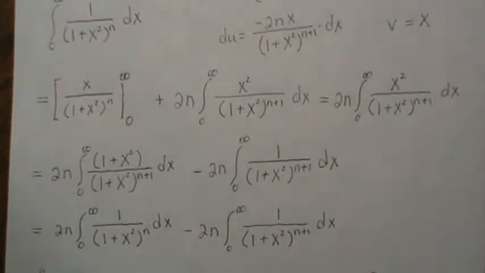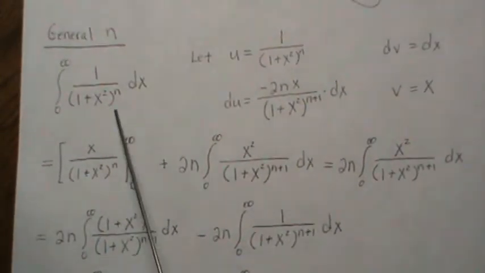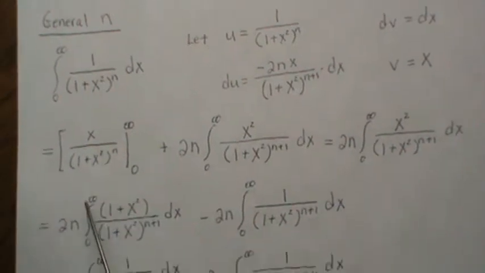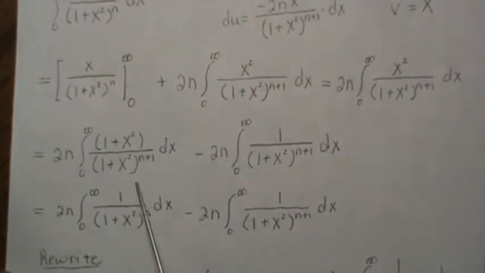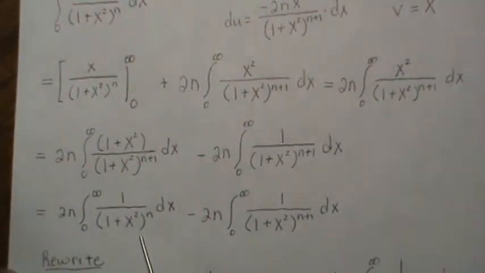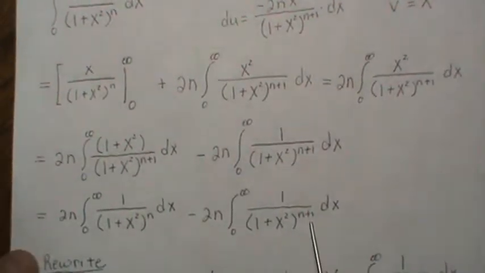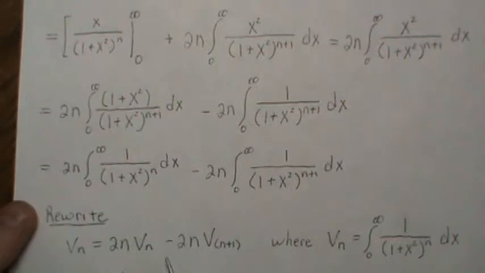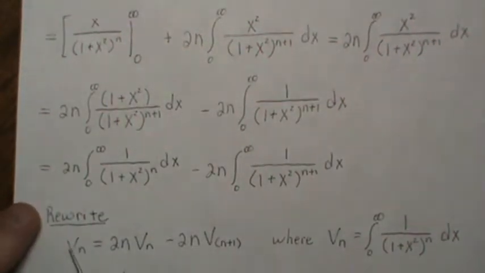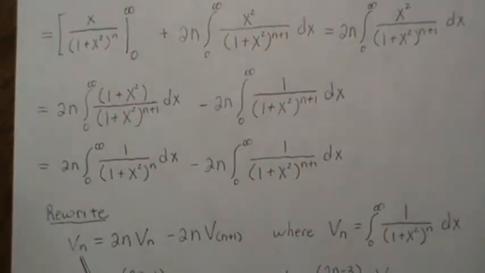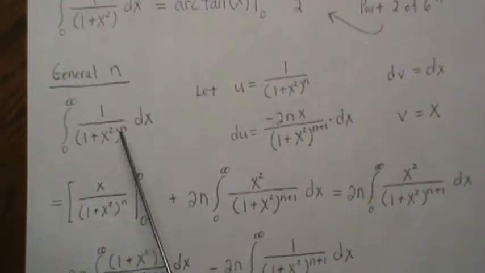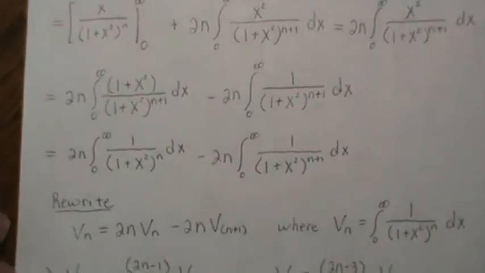Now we're going to rewrite this to make it much more obvious. Notice that we started with this, and this piece looks just like it, and then this piece here looks like this, but it's to the n plus 1. So if we call it v of n, whatever the value is with the general n, that's what this is going to be.